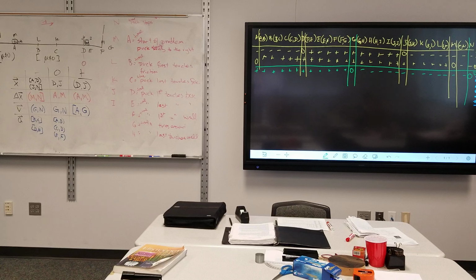What about G to H? Positive. Why? Because it stops at G, and then the wall bounces it back and then starts moving again, speeding up. But we're talking vector acceleration here. No, it was negative. Why is it negative? Because it's going back this way.